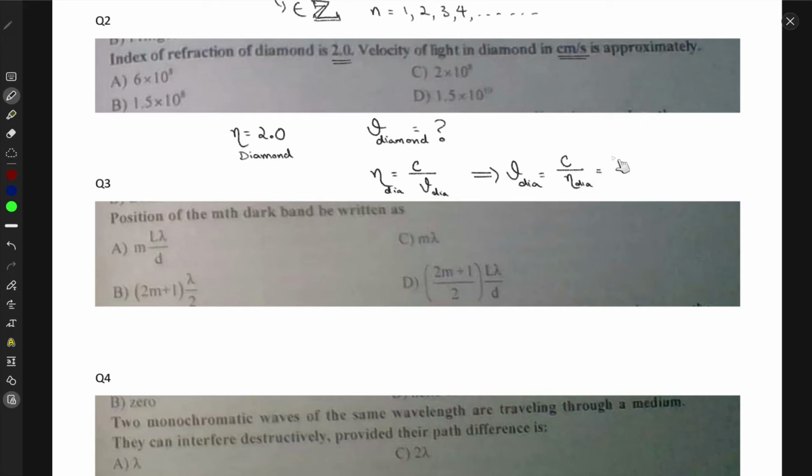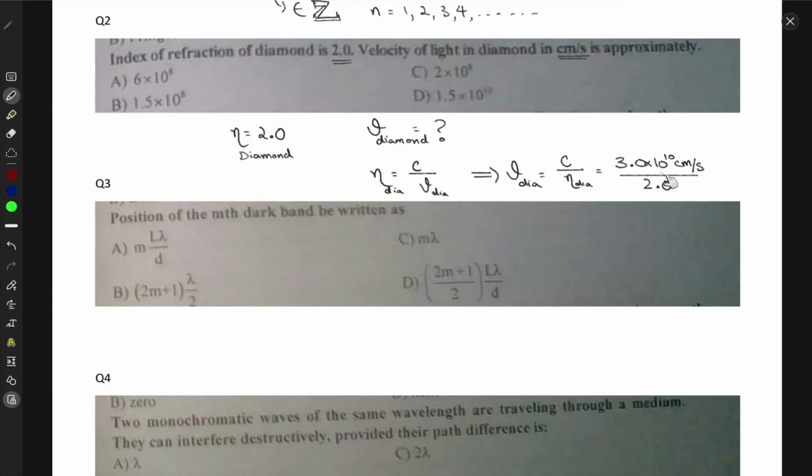Now just put the values. Remember, you have to use the value for speed of light in centimeters per second, which is approximately 3.0 into 10 raised to power 10 centimeters per second, and the refractive index is given as 2.0, which is a dimensionless number.